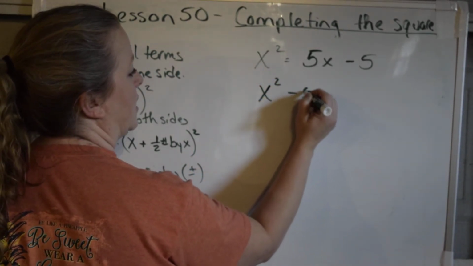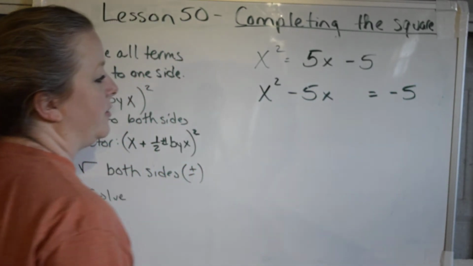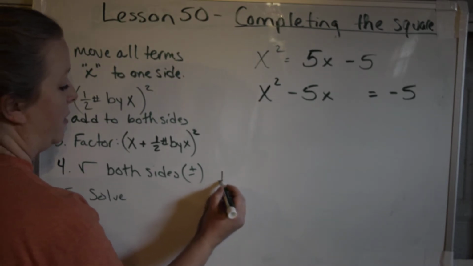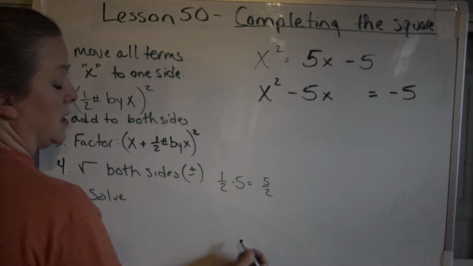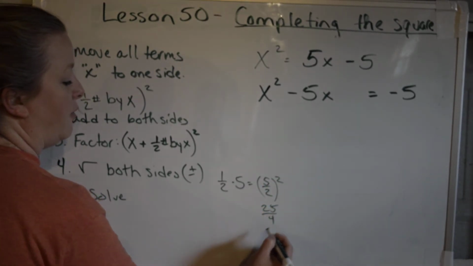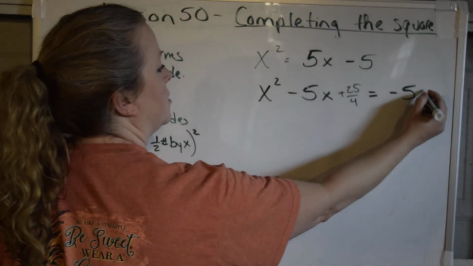It becomes a negative 5x, and that's equal to negative 5. The reason this problem is a little more difficult is because 5 is odd, and so it won't divide evenly. When you take half of 5, leave it as a fraction. So half of 5 is 5 halves. And then you square that. And that's 25 fourths. So I'm going to add 25 over 4 to both sides.